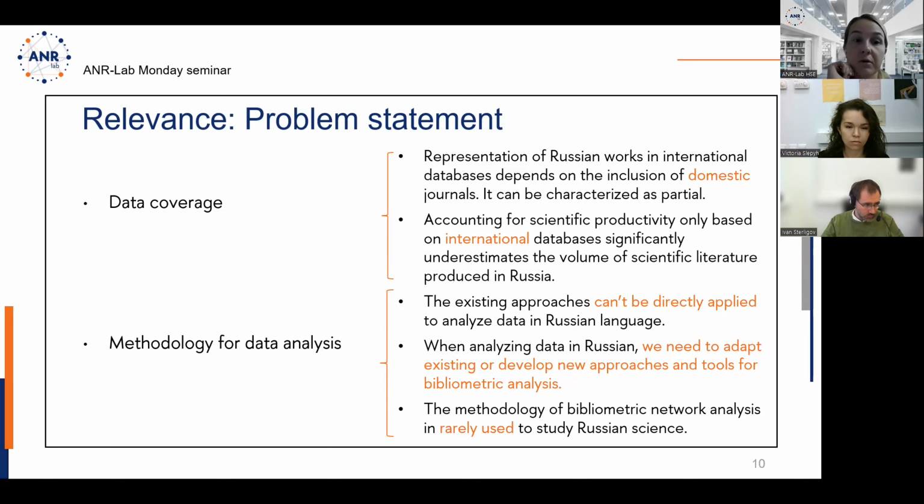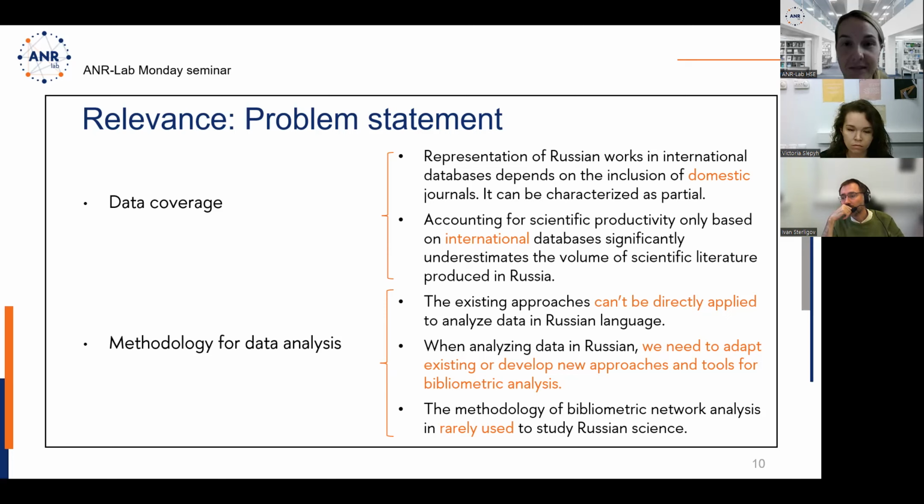And talking about data coverage, of course, we understand that representation of Russian works in international databases is very much connected to the inclusion of domestic journals into these databases, so the indexation of these journals. And of course, we understand that now, previously, anyway, it can be characterized as partial inclusion.